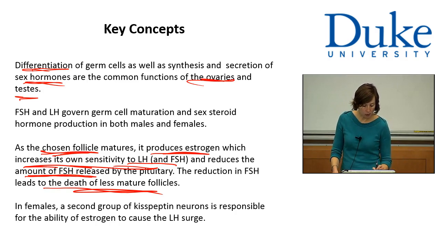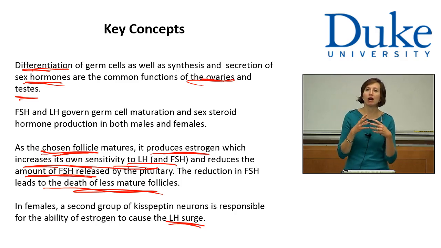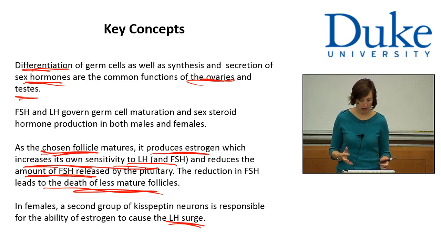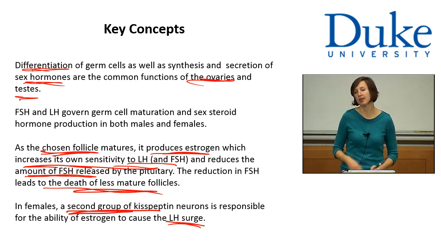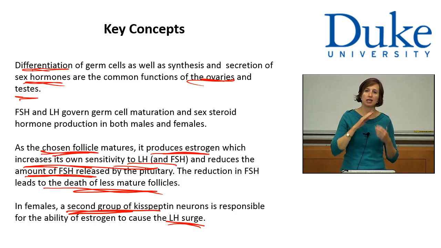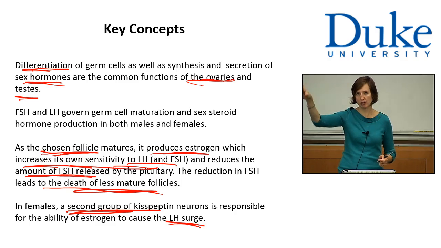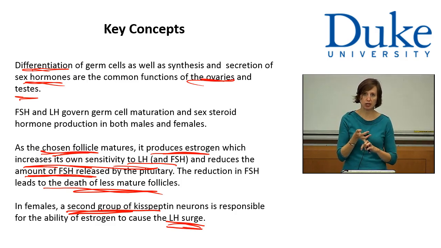And we're going to have this LH surge, which is kind of hard to understand until you know that it's because we have another group of kisspeptin neurons that are going to respond to that sharp increase in estrogen that occurs because of the chosen follicle, and cause the LH surge, which will cause ovulation and corpus luteum formation.